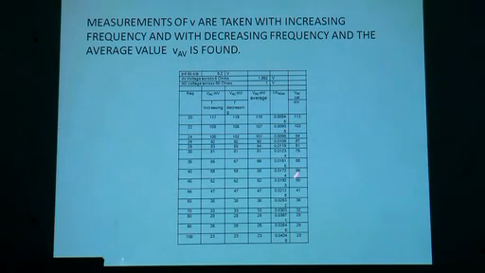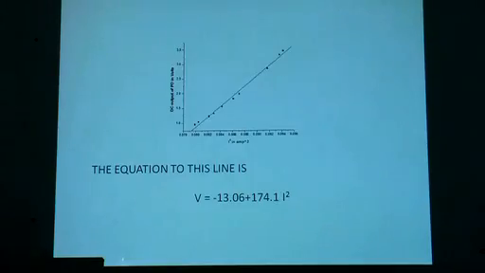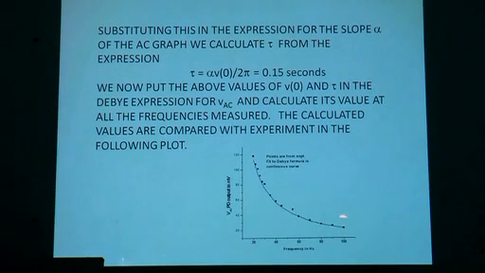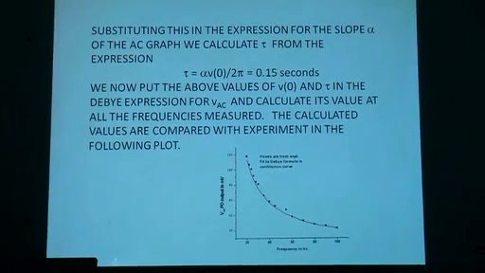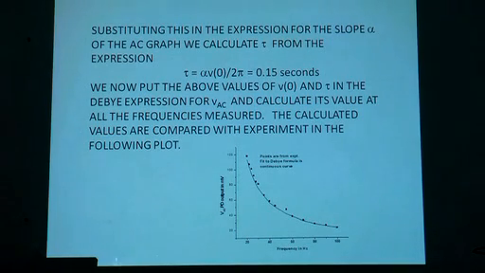I plot the calculated value against frequency as this continuous curve, and the experimentally measured values are the points. You see that the agreement between the measured value and fit to Debye formula is very good, and therefore we verify the Debye relaxation formula for the serial light bulb.